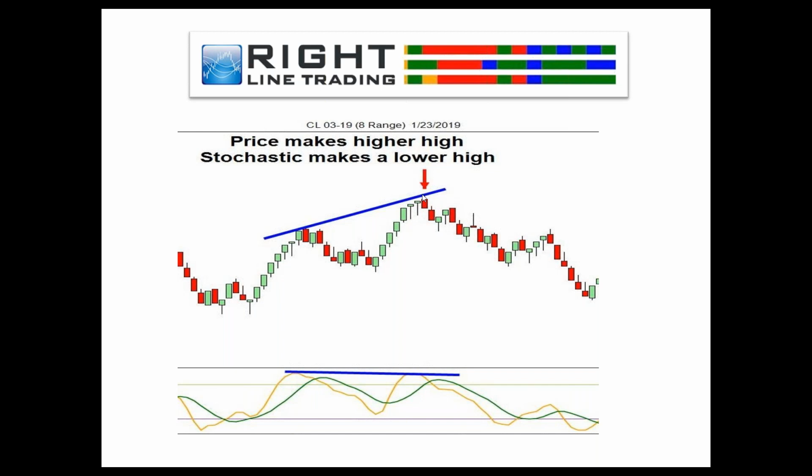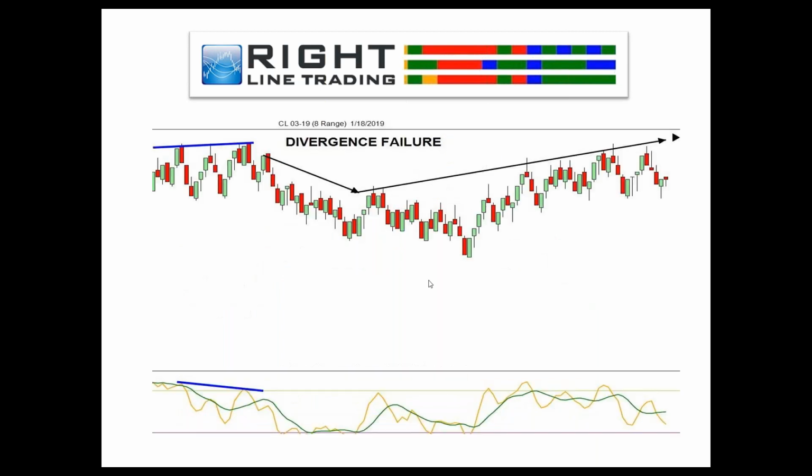If price moves higher, what you want to see is it accelerate up here faster. If it accelerates up to here at the same rate, it accelerates up to here, you have divergence, and you can see it foreshadowed a big drop in price.